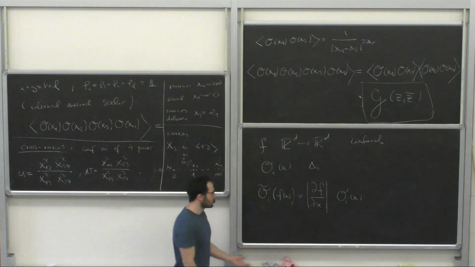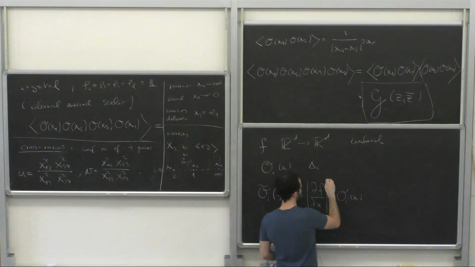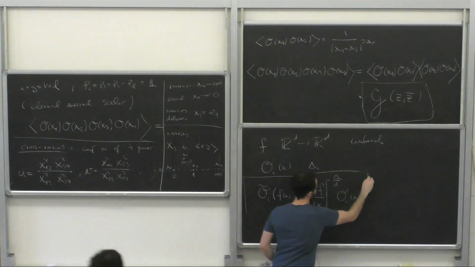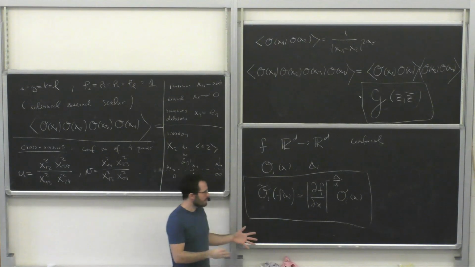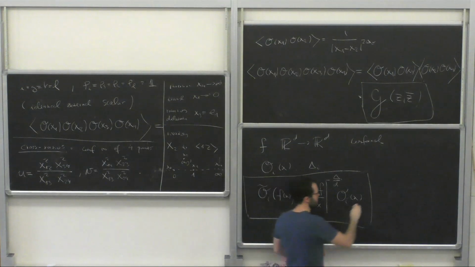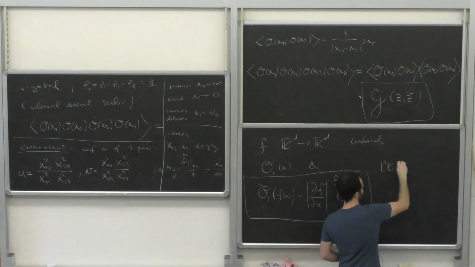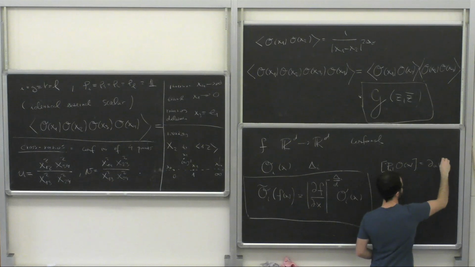Right? So we have to take the conformal map, compute the Jacobian of first derivatives, and put it to the power minus delta_i over d. The claim is that this single formula encapsulates all of the formulas for the infinitesimal generators that I wrote down before, like P acting on O(x) is the derivative of O(x), and so on.